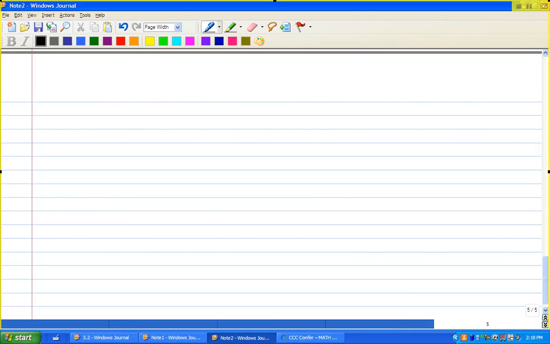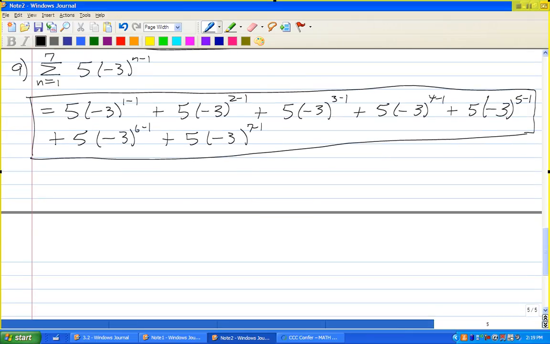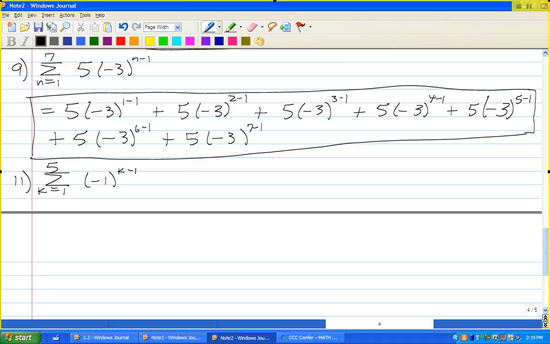Eleven, sum k equaling 1 to 5 of negative 1 to the k minus 1 power times 1 minus k squared.